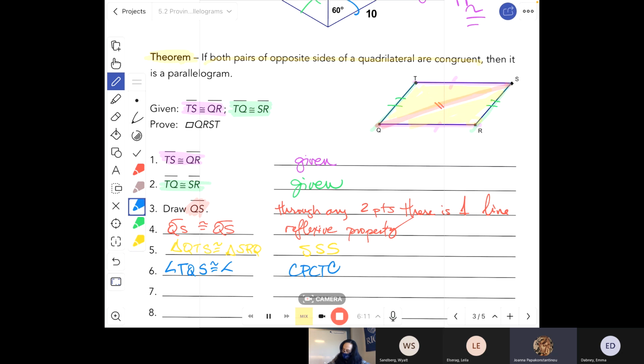Angle TQS. So this angle is congruent to what? Yes. Excellent.